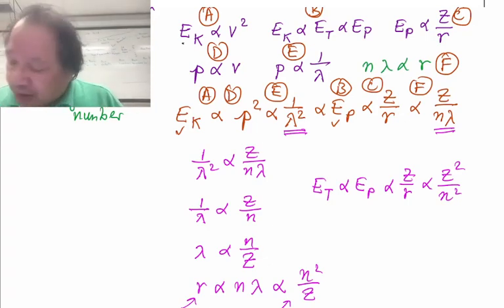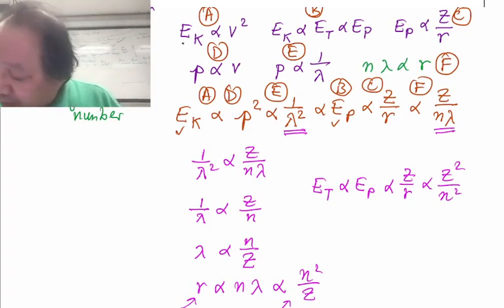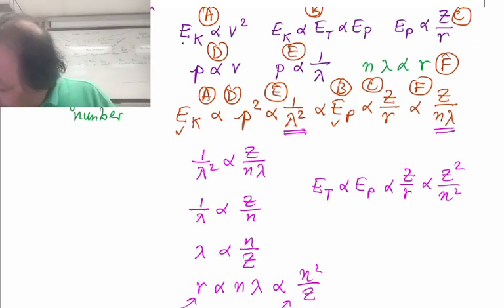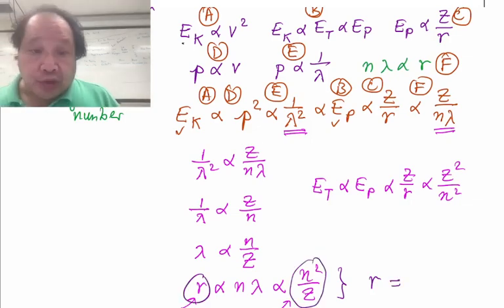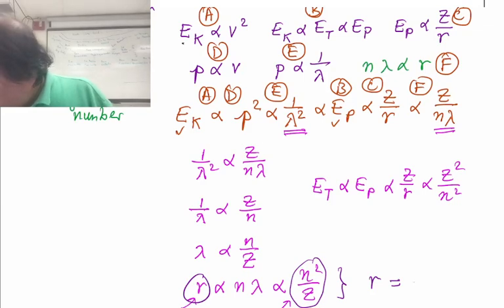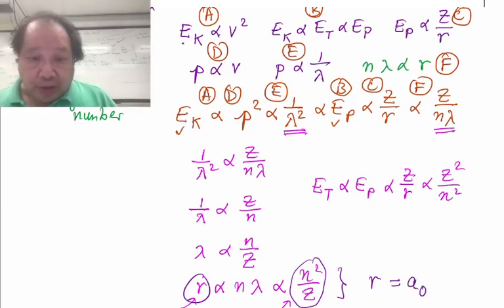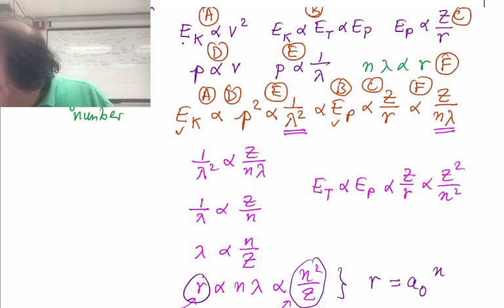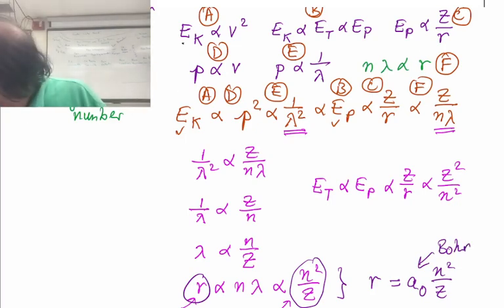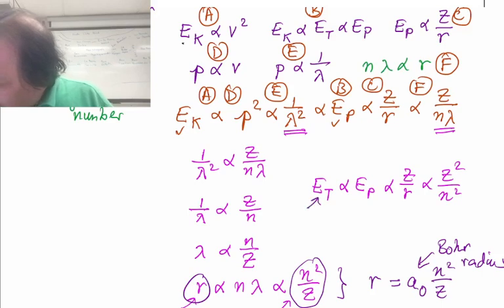And now we're going to take these relations and write them as equalities. R is proportional to n squared over z. That means R is going to be equal to a proportionality constant, which we're going to call A0, n squared over z. And this A0 is the Bohr radius. ET is proportional to z squared over n squared.